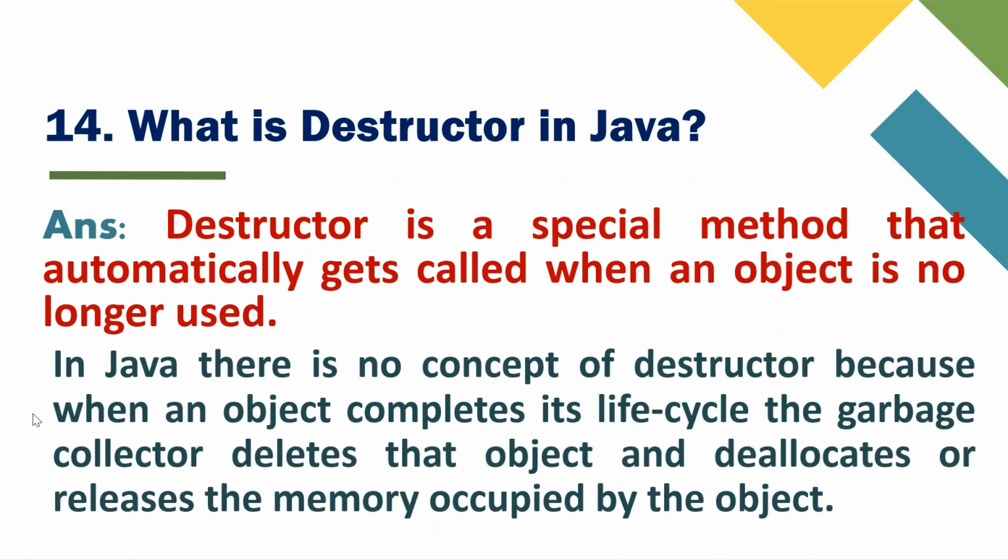In Java, there is no concept of destructor because when an object completes its life cycle, the garbage collector deletes that object and deallocates or releases the memory occupied by the object. So garbage collection is one of the features in Java.